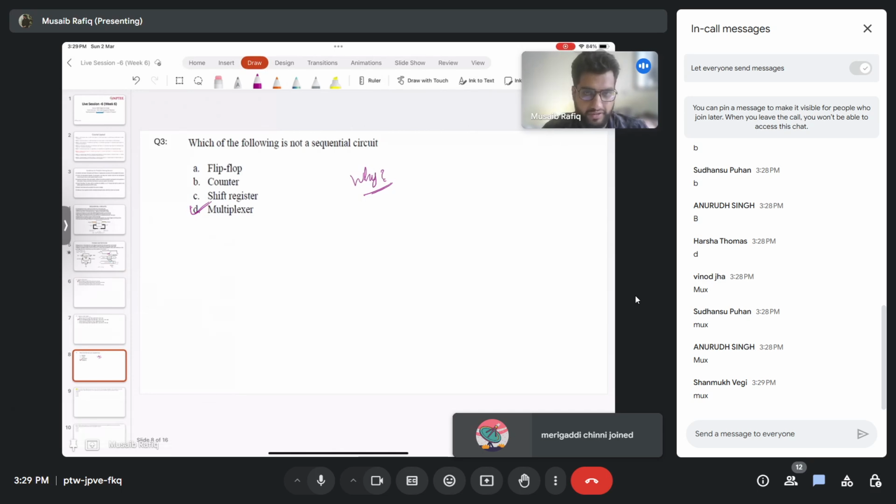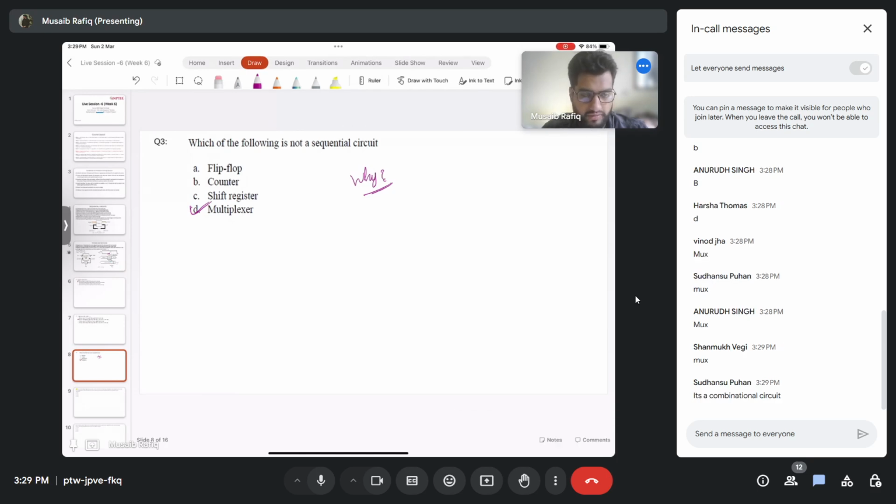There must be a reason you have picked it. It's a combinational circuit, right? If it's not sequential, it's combinational. But what makes it combinational? Exactly. No memory state. Output depends on your current input, right?